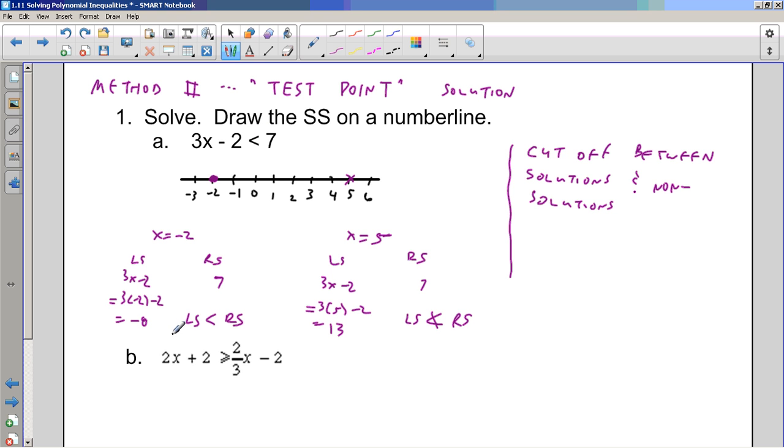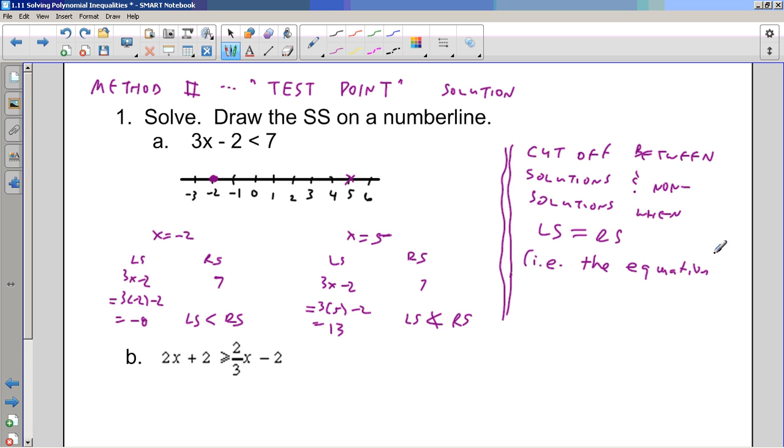Where is it less than? Where is it not less than? Well, where it's equal is where it's going to go from being a solution to a non-solution. When the left side is equal to the right side, i.e., the equation.